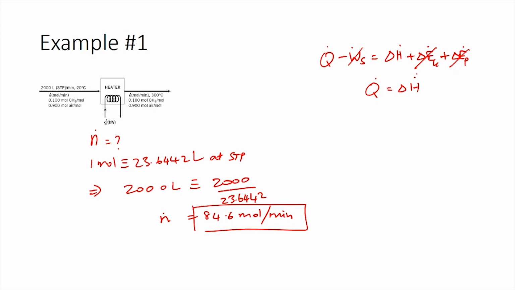For calculating delta H dot we would have to build the enthalpy table. The enthalpy table would be built using reference states, so we need to identify appropriate reference states. Here we have two components, methane and air.